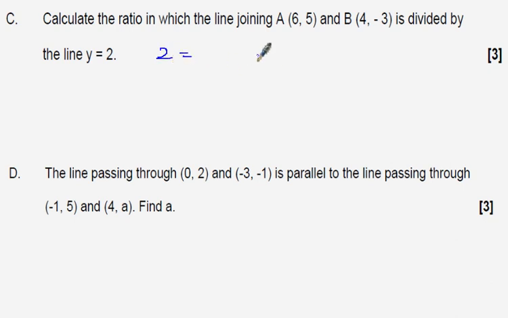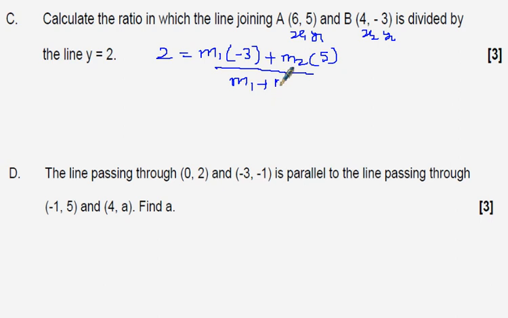y equal to, so you can apply m1 into y2. So this is your x1 y1 and this is your x2 y2, suppose. So you can go with m1 or you can take mn. m1 goes with -3 and m2 goes with 5. I am taking only y coordinates upon m1 plus m2.